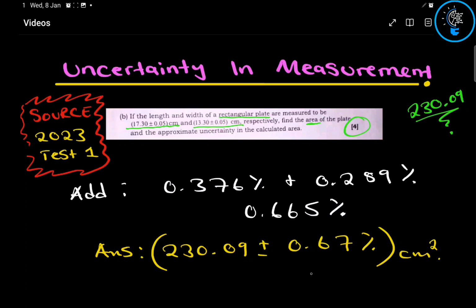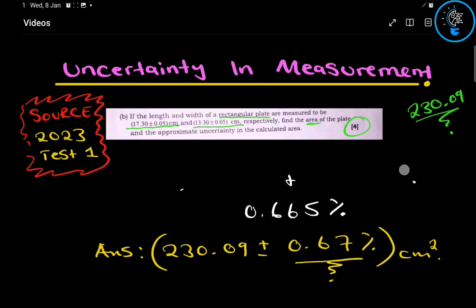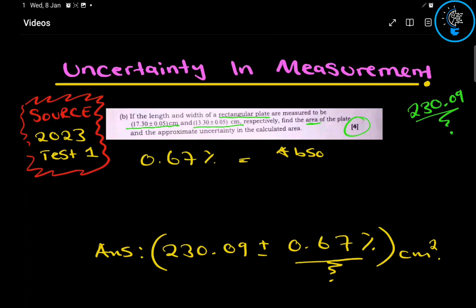The other way of writing the solution is by writing this one as the absolute uncertainty. Let's do it. So to write it as your absolute uncertainty, you need to say this value is equal to AU, representing absolute uncertainty, over the central value.